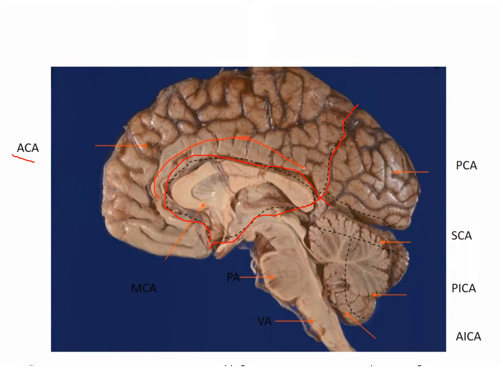Okay, so we can see anterior cerebral is going to be this front area up here. Back here, posterior cerebral. In here is that middle cerebral. Pontine arteries makes sense because here's the pons.